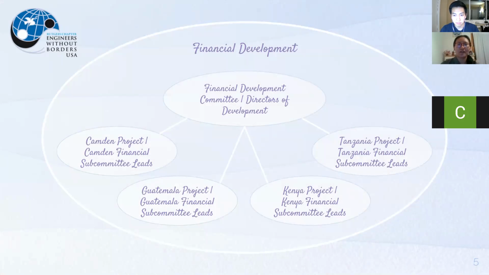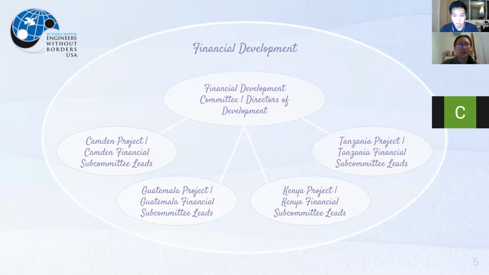This chart gives you a general overview of how financial development is structured. Every individual project, Camden, Guatemala, Kenya, and Tanzania, will have a project financial subcommittee. These subcommittees will be run by the financial subcommittee leads, or perhaps the project leads.